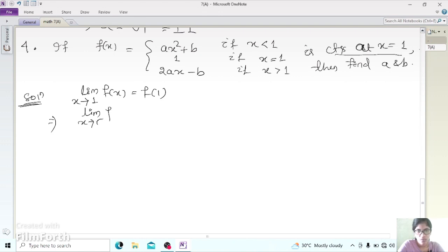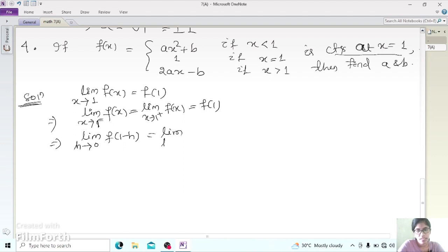Limit x tends to 1 minus f of x is equal to limit x tends to 1 plus f of x is equal to f of 1. Which we may write as limit h tends to 0 f of 1 minus h is equal to limit h tends to 0 f of 1 plus h, is equal to f of 1.